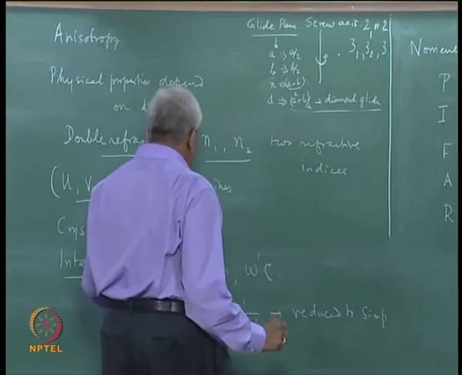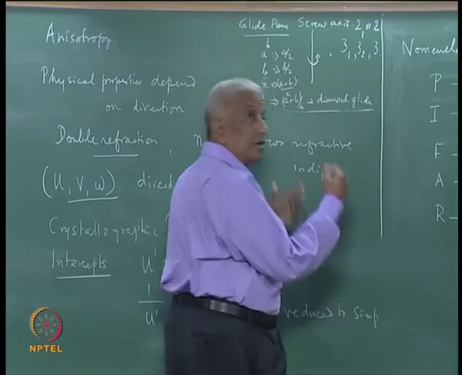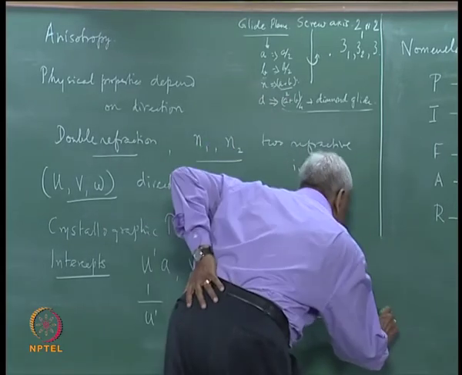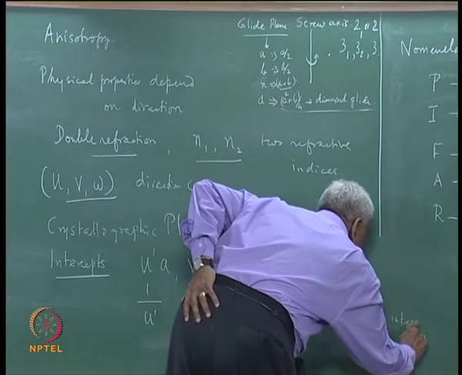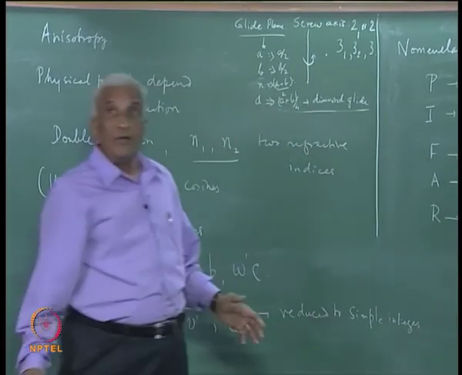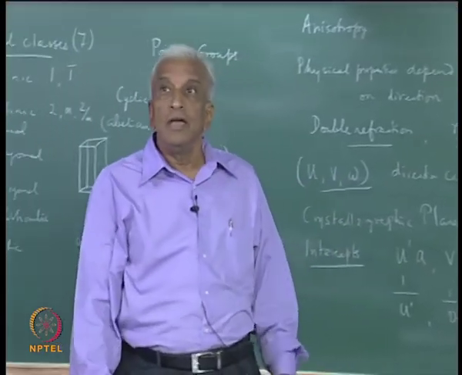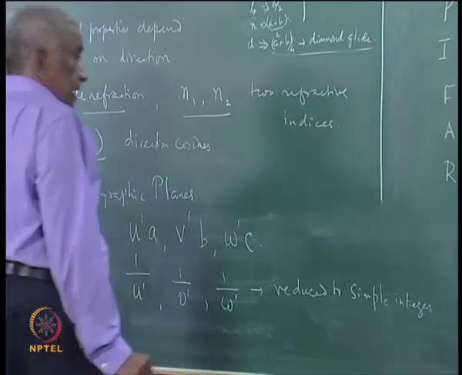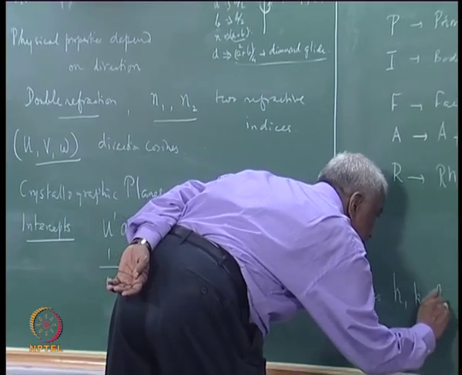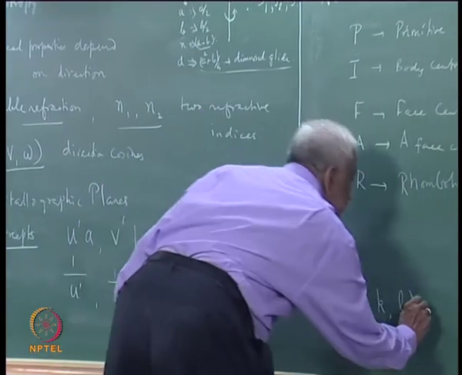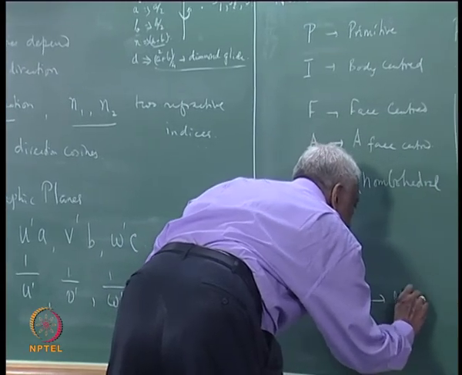So, the reciprocals of the intercepts measured in units of the lattice parameters and reduced to simple integers. That gives the set of numbers which are put together to refer to a given crystallographic plane, and these integers are usually written as h, k and l, and these are known as the Miller indices.